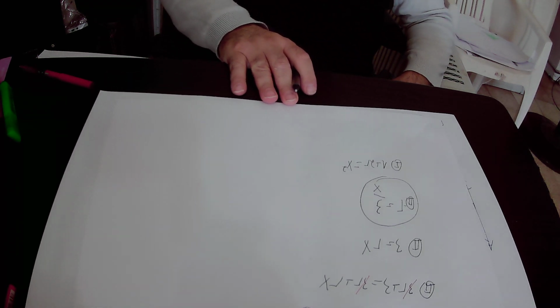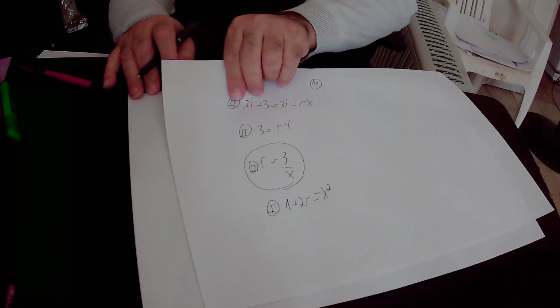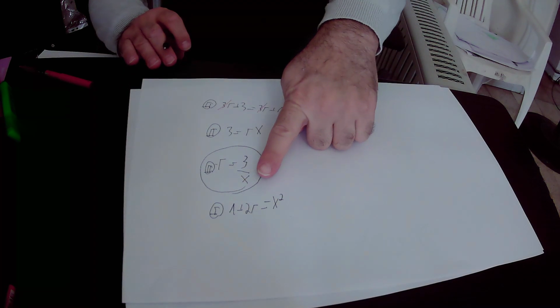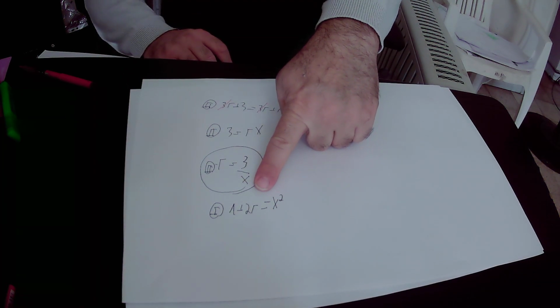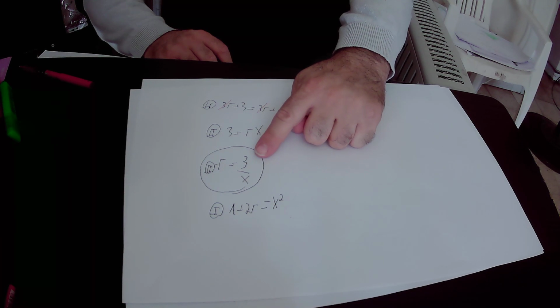Okay, so here we can substitute r in equation number 1 by 3 over x from equation number 2, because according to equation number 2, r equals 3 over x.